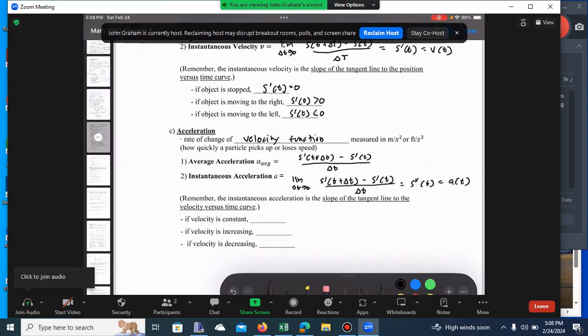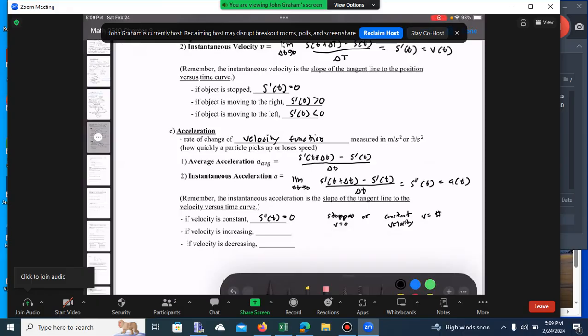If your velocity is constant, then s double prime of t equals 0. This could be constant, meaning stopped, when v equals 0, or it's just not increasing or decreasing speed. It's a constant velocity, which means v equals some number, not a function, a specific number.